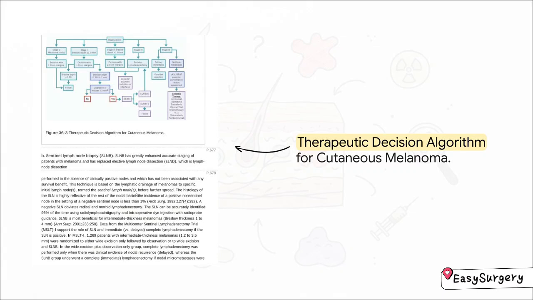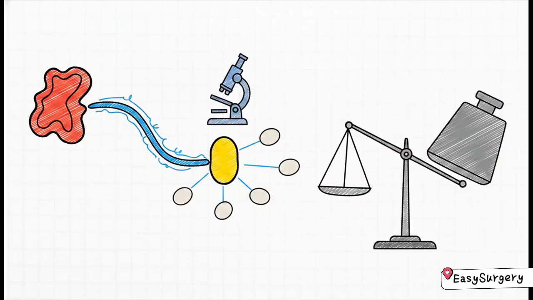Following this therapeutic decision algorithm, you can see exactly when you need to escalate care. The big trigger point is this: intermediate thickness lesions, or thin lesions that happen to show ulceration or elevated mitoses, immediately trigger the need for a sentinel lymph node biopsy. Let's talk about that sentinel lymph node biopsy, or SLNB. This procedure has completely replaced the outdated elective lymph node dissection. Why?